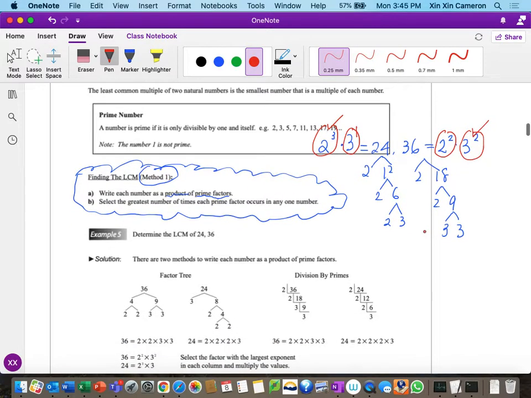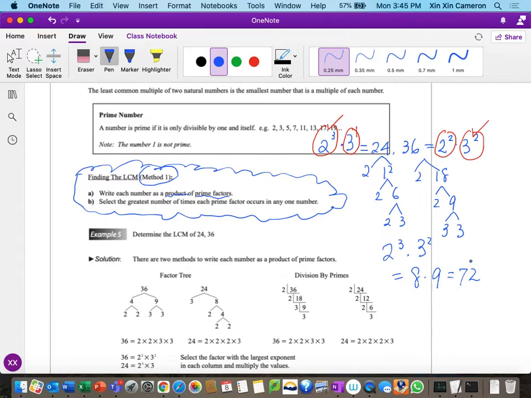That means our lowest common denominator equals 2 to the power of 3 multiplied by 3 to the power of 2, so that is 8 multiplied by 9, which is 72. So the lowest common denominator between 24 and 36 is 72.